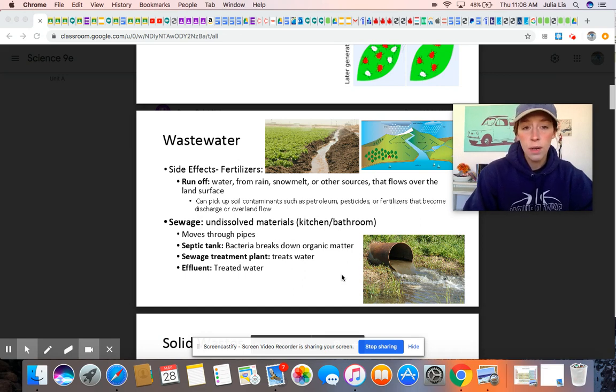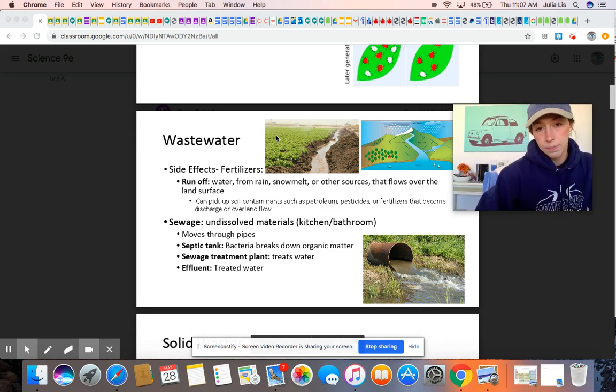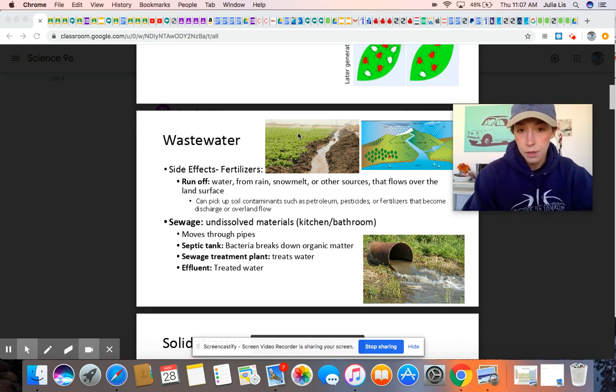And so some side effects to the things that we've been talking about, like fertilizers, for example, is if I have this field here, if you're looking at the picture, you can see that when it rains, these chemicals are going to move to different aquatic ecosystems. So it's called runoff. When water starts moving, it's going to go down, it's going to take a path of least resistance.